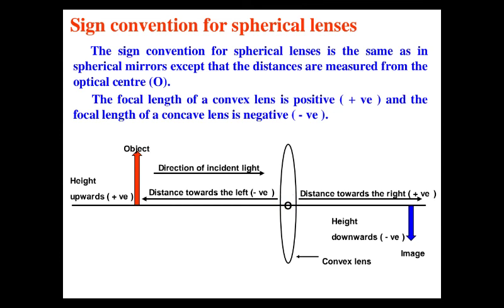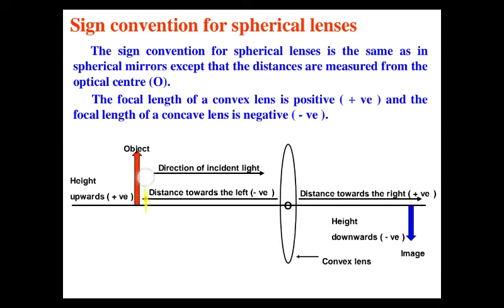Now, as we discussed in the previous slides also, the focal length of a convex lens is positive and the focal length of a concave lens is negative. Now you can see that this is the optical center.